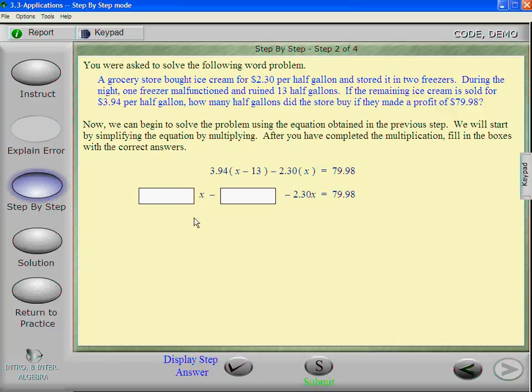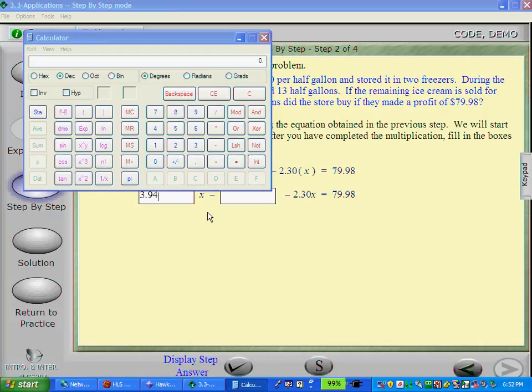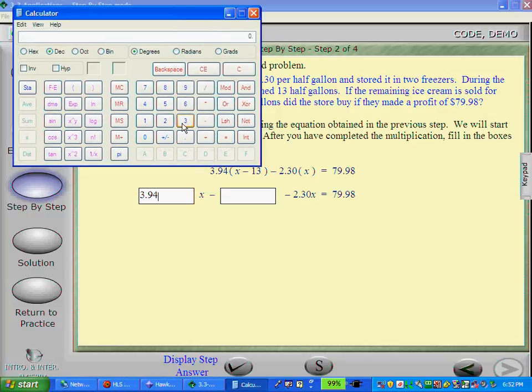Now we have to actually try to solve this thing. They're saying with the parentheses that you've got here with two terms, you've got to distribute the 3.94 to the x, and then the 3.94 times negative 13. We'll cheat. We'll do the calculator here. It's not cheating to use the calculator for you guys.